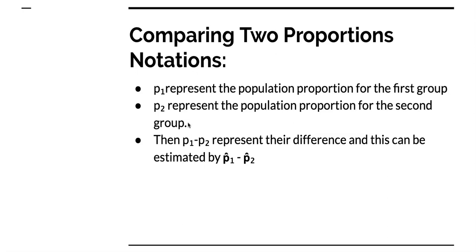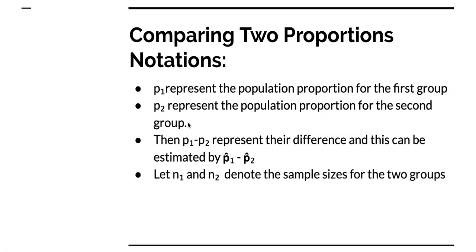When we put hats on top of p1 and p2, we're talking about sample proportions, our best estimate, our point estimate, of the true population proportions. Same business: we're still using our p hats to estimate p, but this time we're interested in their difference because we're comparing them.